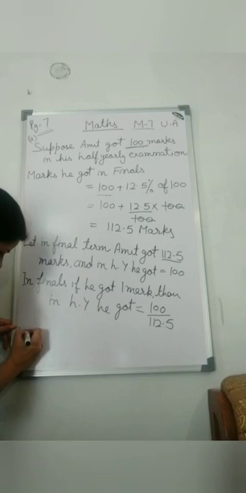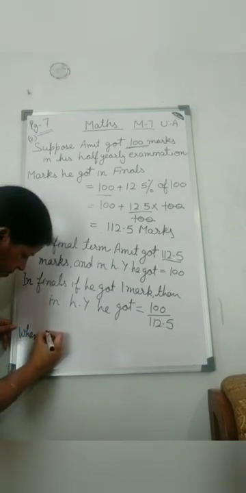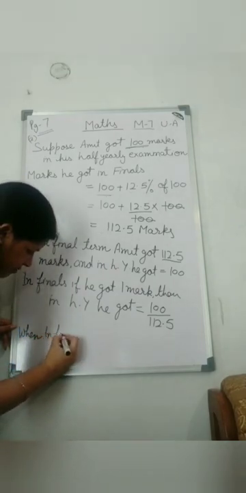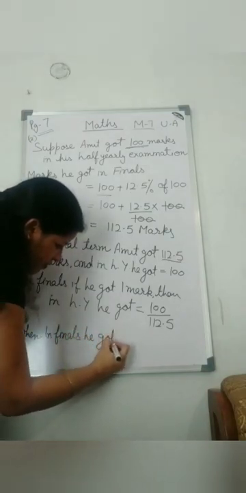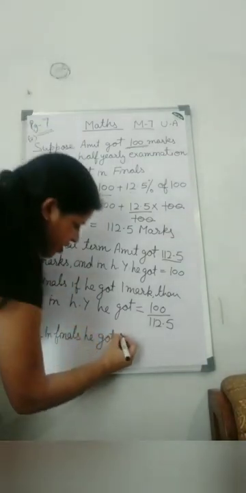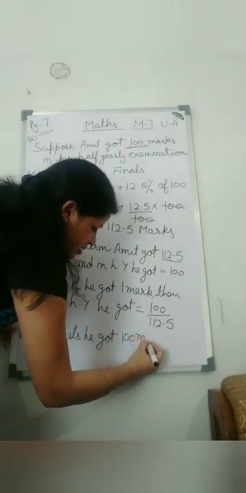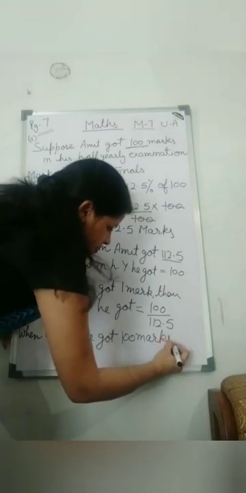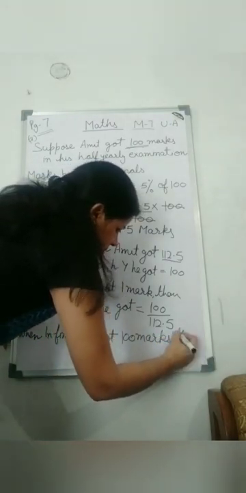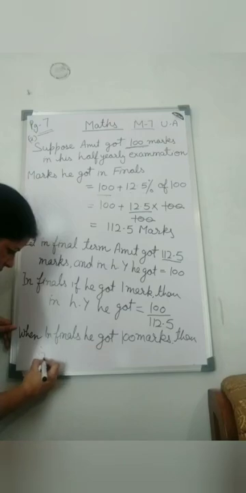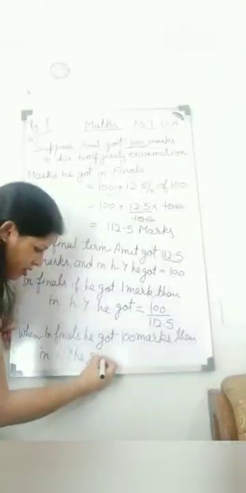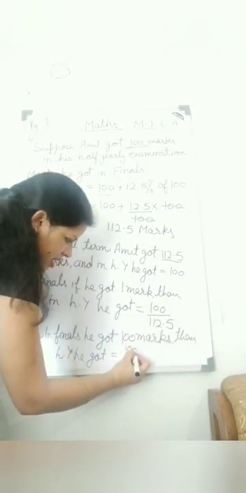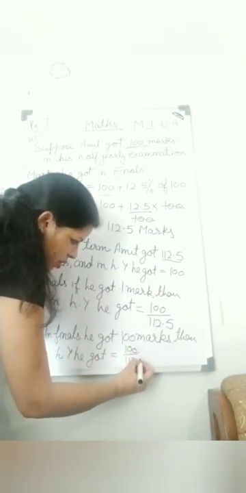And then in finals, if he got 100 marks, then in half yearly he got 100 upon 112.5, and next we multiply.